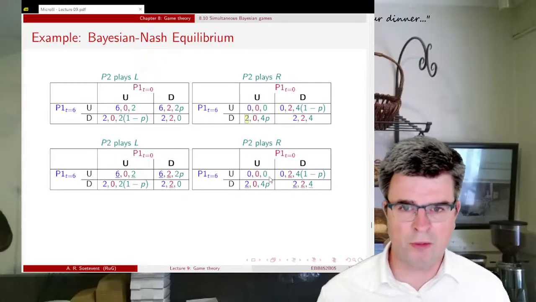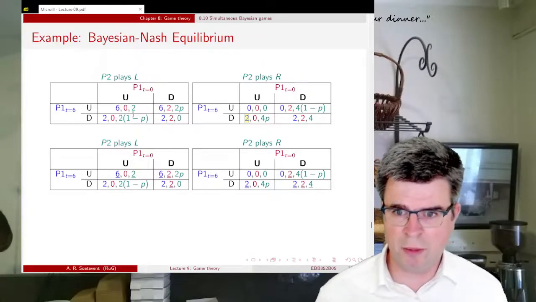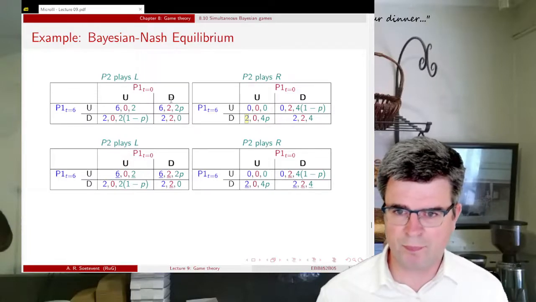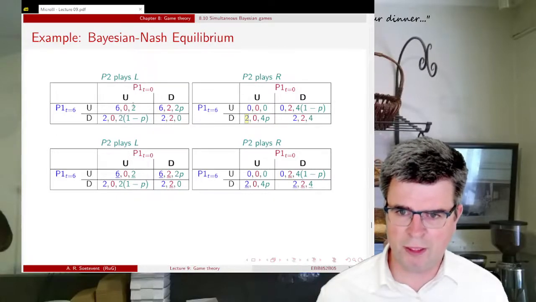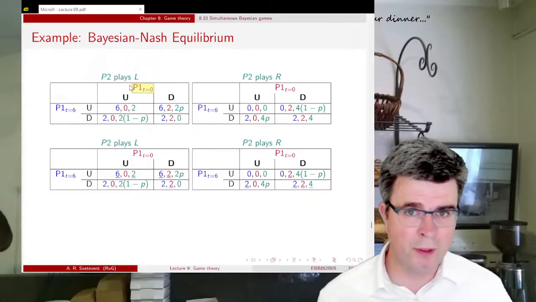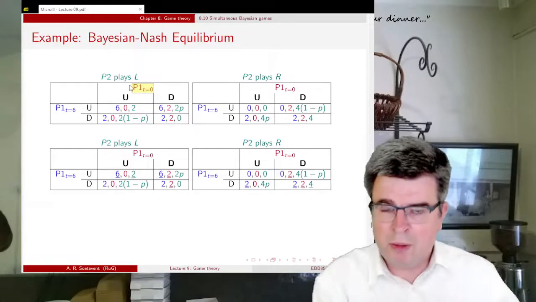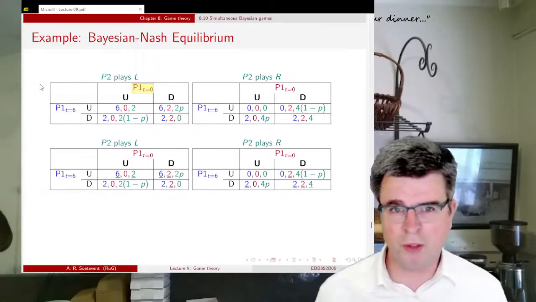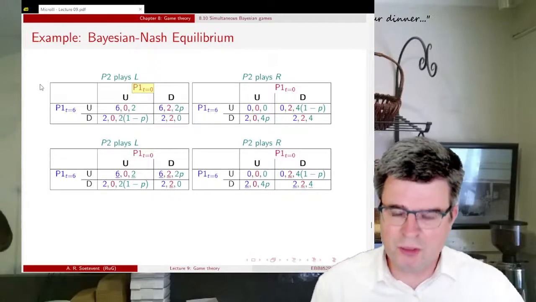Similar for the player 1 of type t is 0. He compares 0 and 2. It's optimal to play down if player 2 plays L. And also here. And you can see that these two entries are always identical because the payoff to player 1 when he's of type t is 0 doesn't depend on what he would do if he were of the other type, because he knows that he is not of the other type.